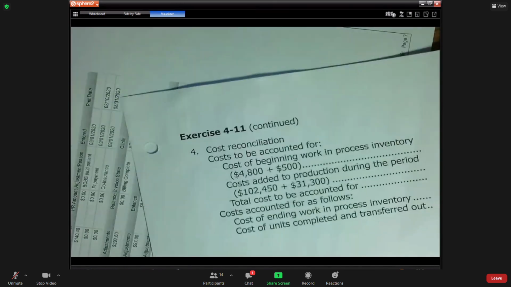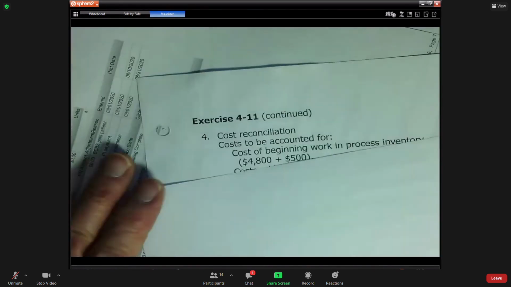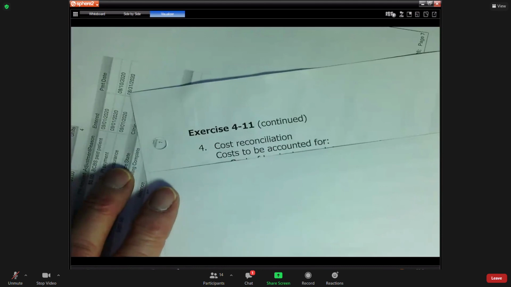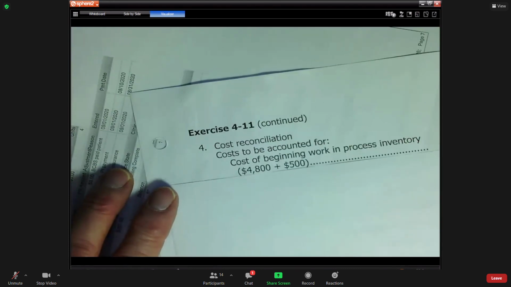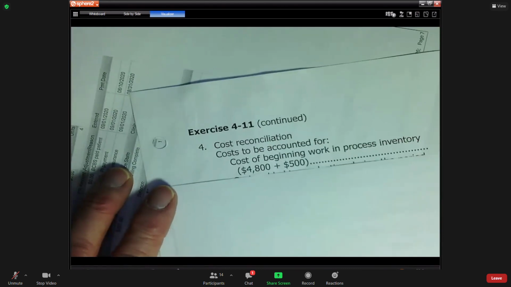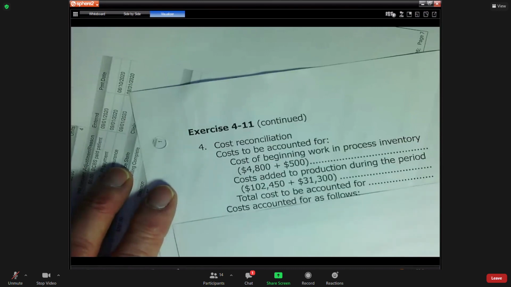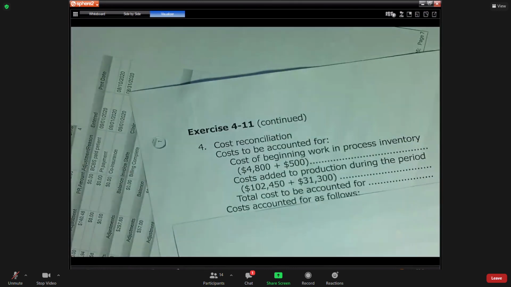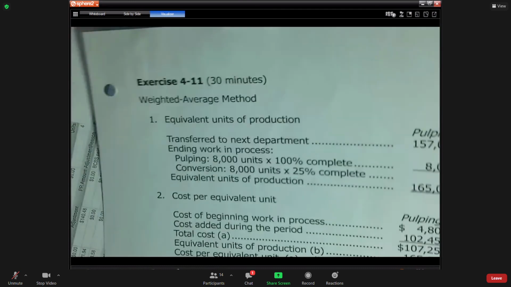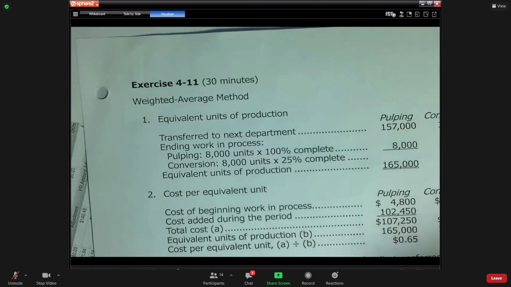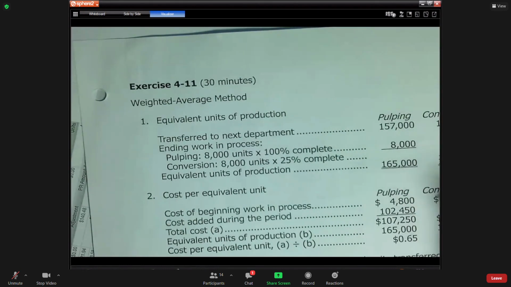And then the 4th part is to do what? We got to reconcile it. So how do we reconcile it? 2 parts. Which cost did we have to account for? We had to account for the cost in the beginning work in process plus the cost added. The cost in the beginning, add that, and add cost added.